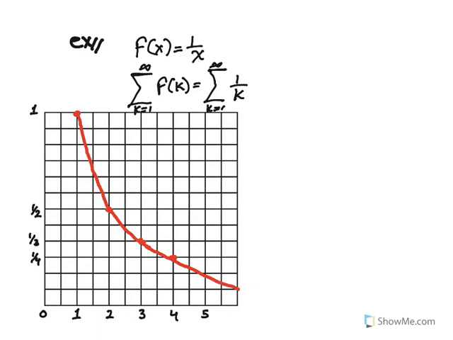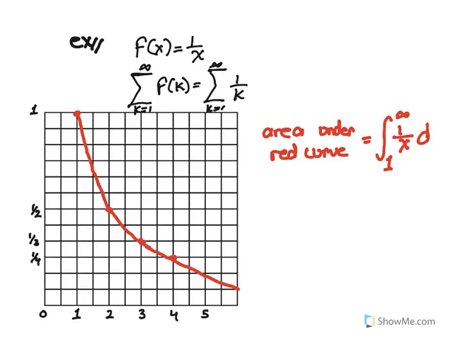So this is roughly what the curve f of x equals 1 over x looks like. And we know the area under the red curve is equal to the integral from 1 to infinity of 1 over x dx.